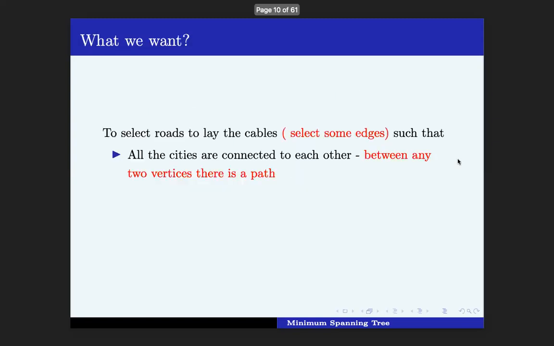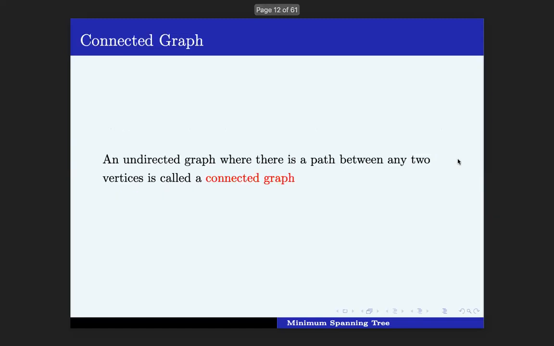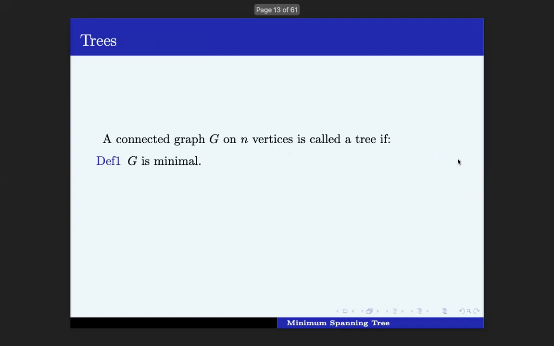So we start with a connected graph, and we have to come up with a tree, because it is natural that a tree is the minimal structure that connects everything. So our job is to find a subtree, right?